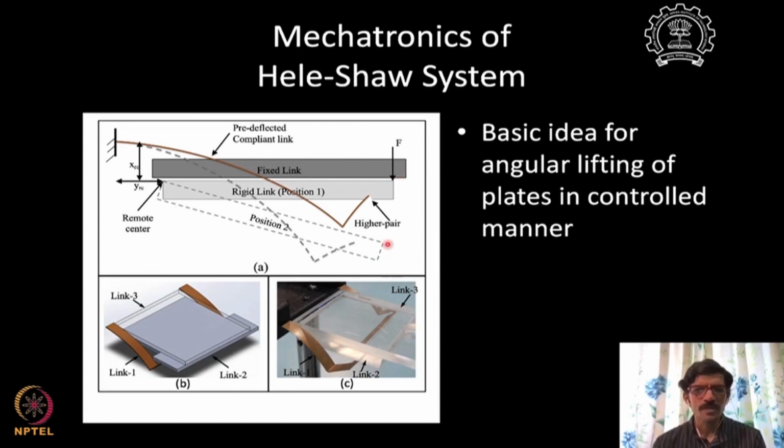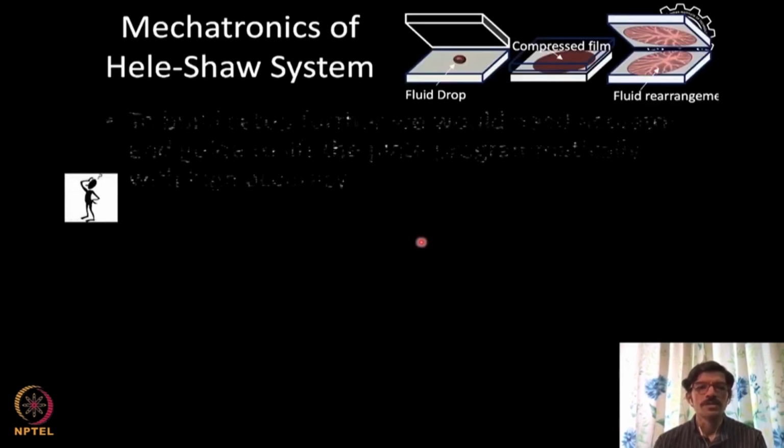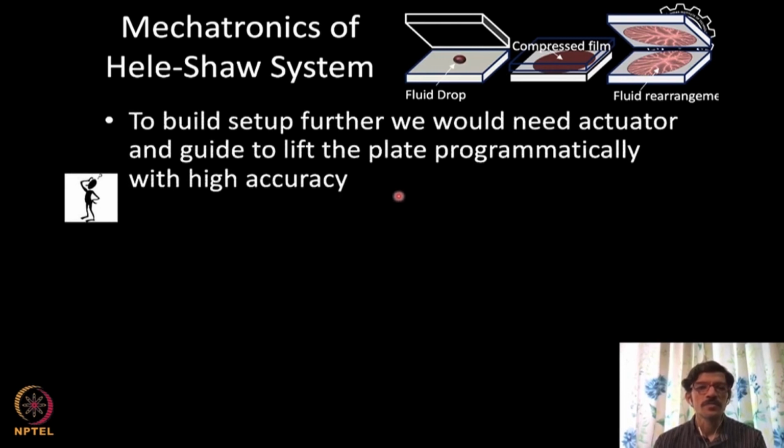We want just a motion in the vertical direction. As the plate moves, because this is a circular arc, this point is also going to shift in the y direction a little bit. So we need some leeway for this point to move in the y direction, but we are to apply the force in the vertical direction, and for that we can use some straight line guide for this point to move.